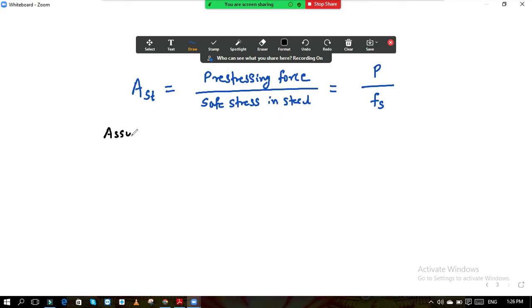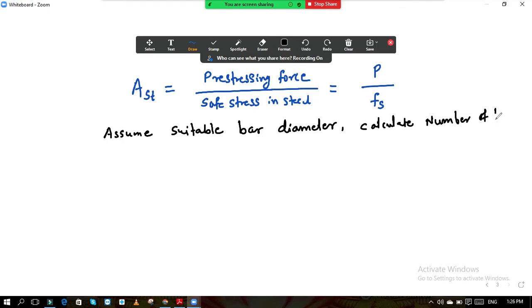Assume suitable bar diameter, calculate number of bars and cables.